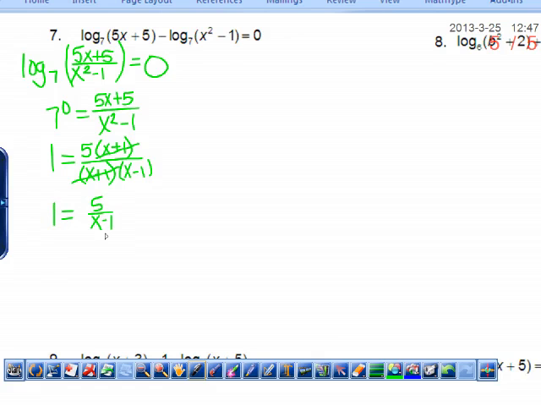You'll still get the right answer as long as you are careful about checking your work. It just makes your work easier. So I would cross multiply. I would get x minus 1 equals 5, so x equals 6. Check 6. Does it keep both our arguments positive? Yes.